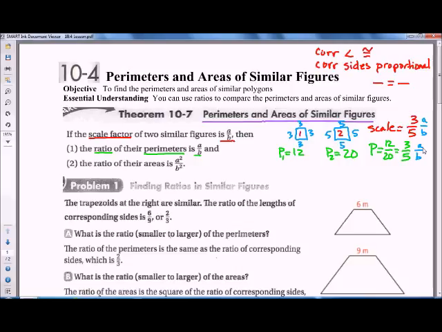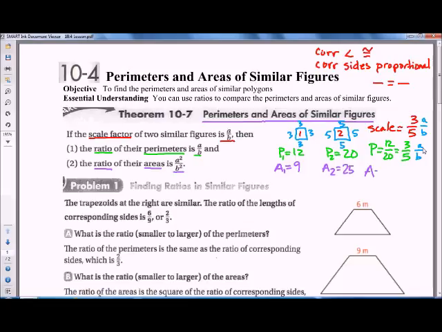Now let's look at the areas. It says the ratio of the areas is A squared to B squared. Now this should make sense because area is squared. Let's look at the area of figure 1 here. The area of figure 1 is 9 units squared, and the area of figure 2 is 25 units squared.